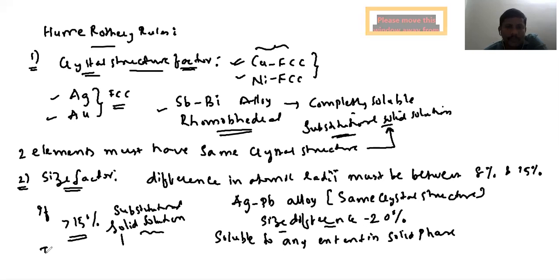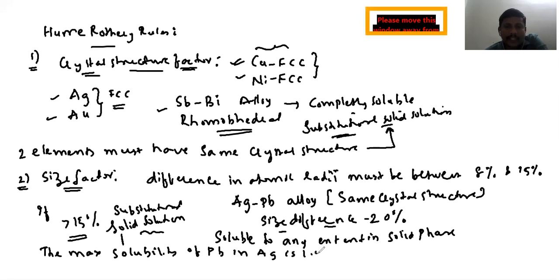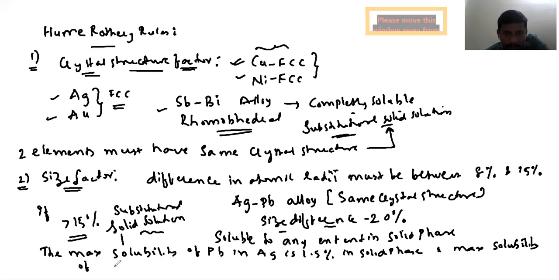The maximum solubility of lead in silver is 1.5% in the solid phase, and the maximum solubility of silver in lead in the solid phase is 0.1%.